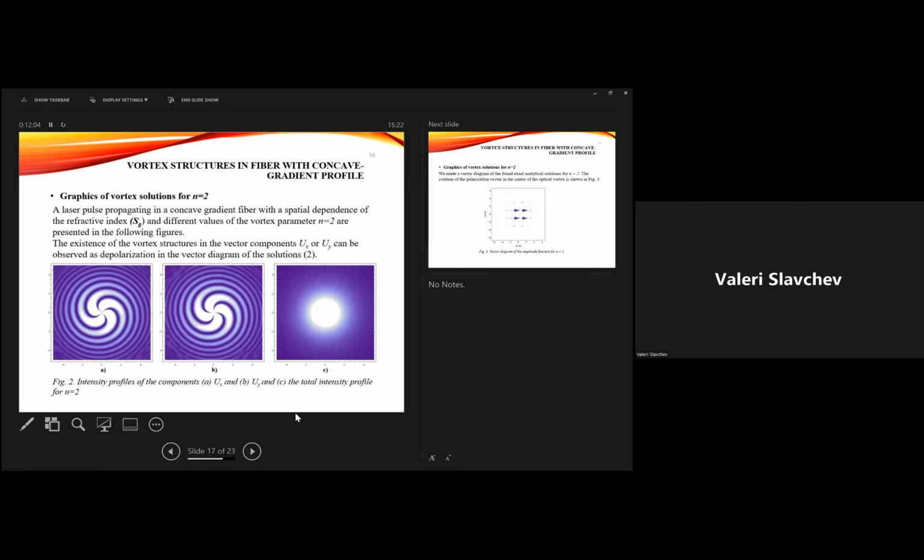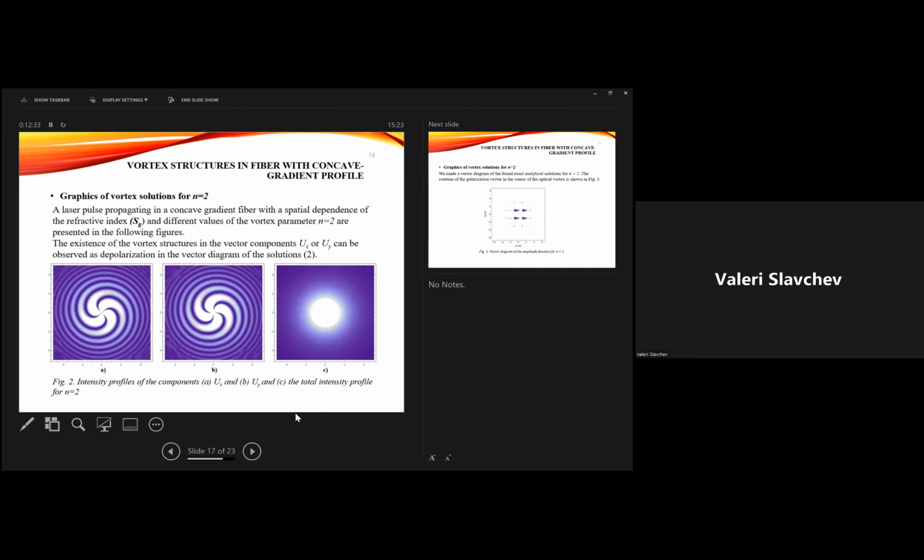On these graphics, we can see that the propagation of the laser pulse in this kind of optical fiber shows that we receive different optical structures, which actually have a helical structure, which is specific for concave gradient fiber.